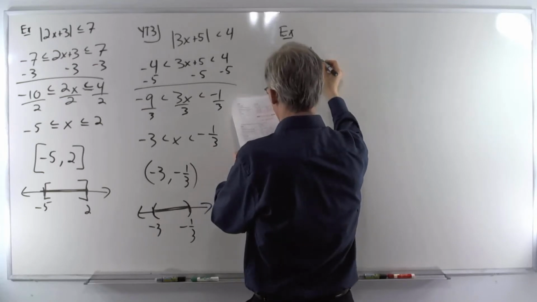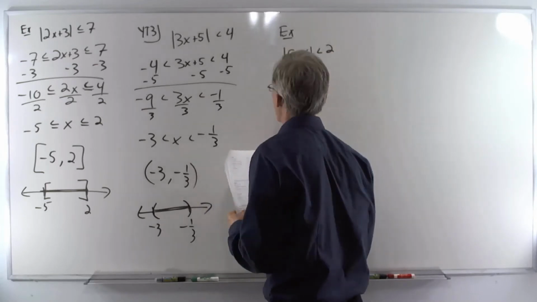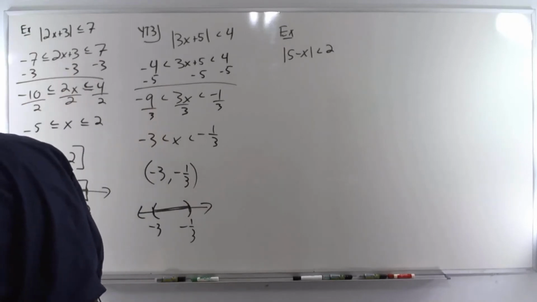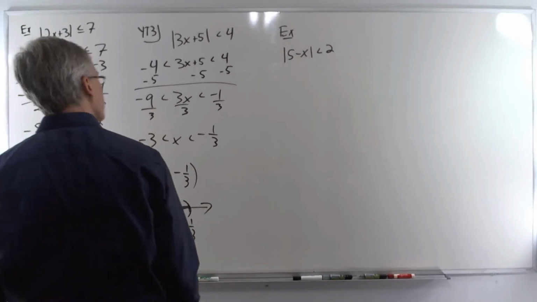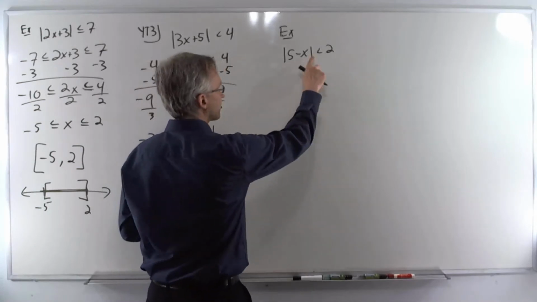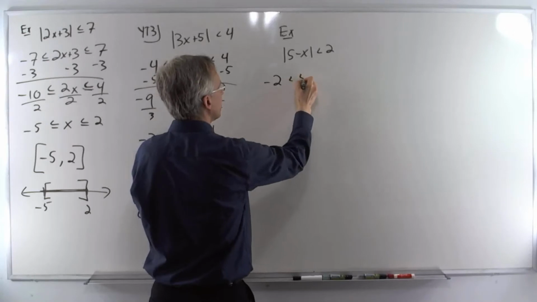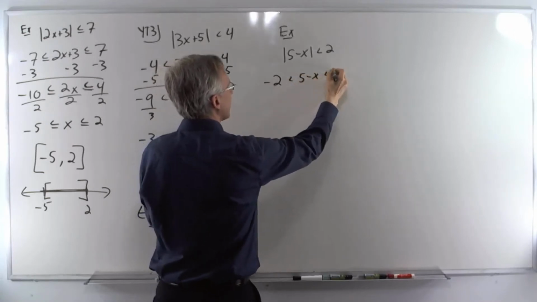We got absolute value of 5 minus x is less than 2. The absolute value is less than the number, so this is an and inequality. Got negative 2 less than 5 minus x less than 2.